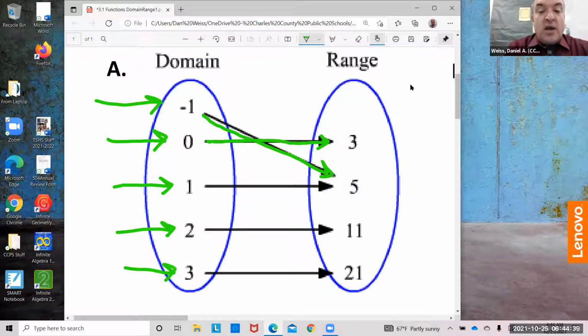If x is 1, y is going to be 5. Now notice that the 5 happens twice. Okay, that's okay. The y can be repeated and still be what's called a function. It's just the x cannot be repeated. x is 2, y is 11, x is 3, y is 21. Okay, this is a function because the x value does not repeat.